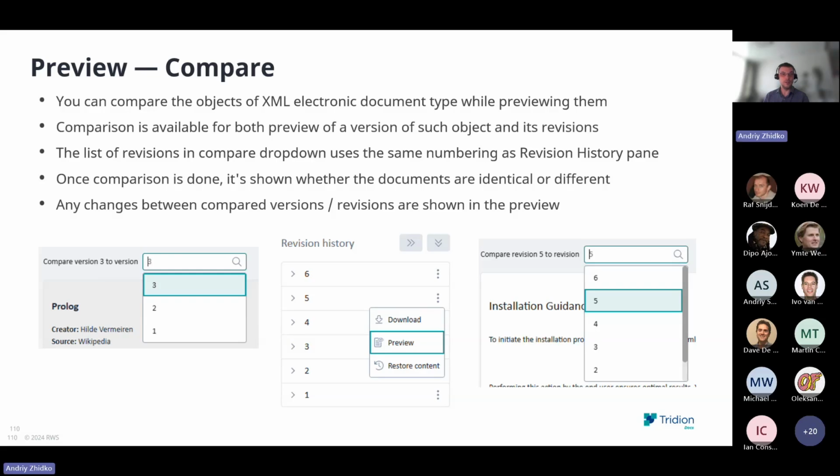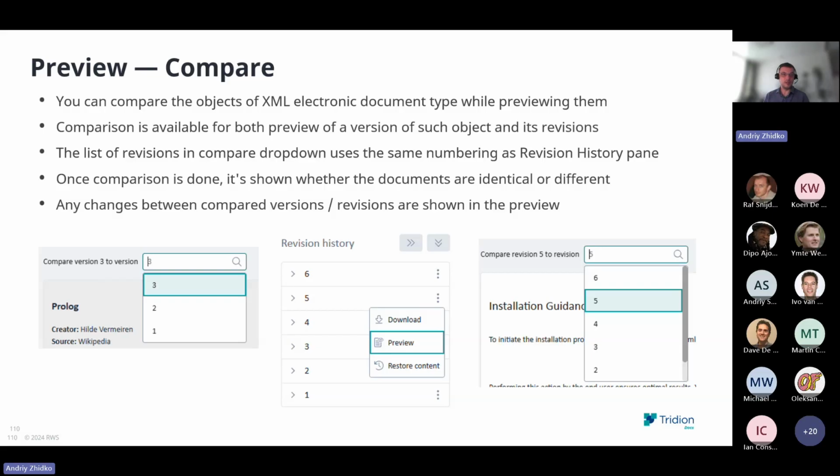We are using numbering for revisions in the same way as they are displayed in the revision history panel. We did some improvements in this area, and I will cover it a bit later.